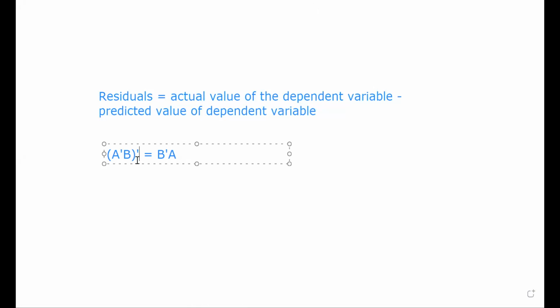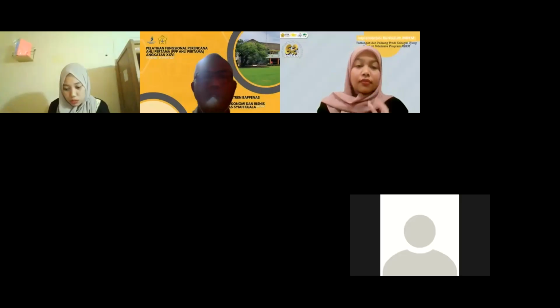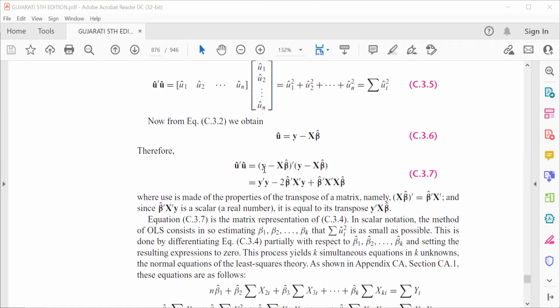So here we can see the multiplication: x beta hat prime becomes beta prime x prime. We multiply this one with this one, beta prime times x prime from here, and x here.